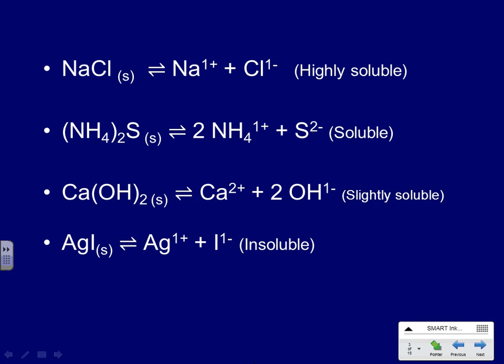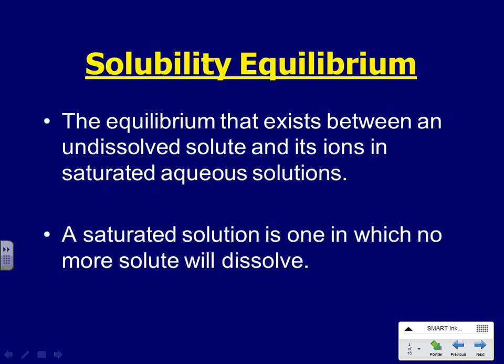And if it's very low solubility, we essentially say insoluble. It means the K is very small and very few ions are produced, and most of it sits there as a solid. All right? So we're now going to apply this idea of solubility to our equilibrium systems. So you can write this down, a solubility equilibrium.